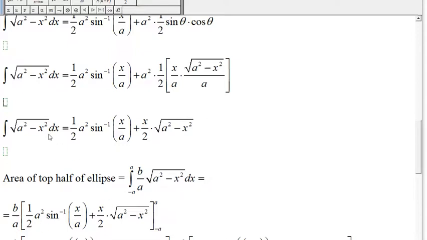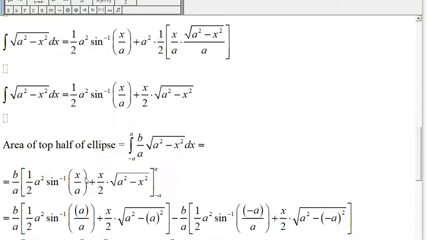And then we have just shown that the integral of the square root of a squared minus x squared is all of this. And so in its place we have this. And now we need to evaluate this expression right here from negative a to a.